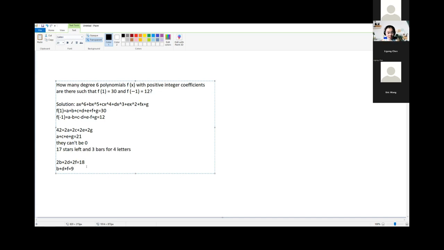For the b plus d plus f equals 9 case, we have 6 stars and 2 bars for 3 letters. This is 6 choose 2, which is 15. And this is 20 choose 3.